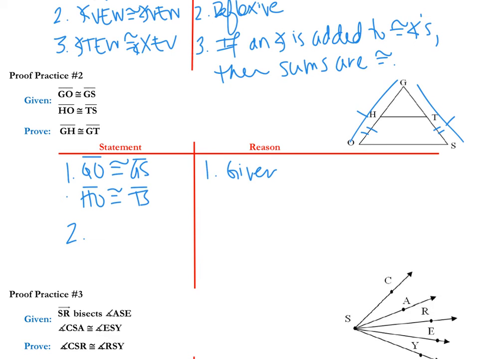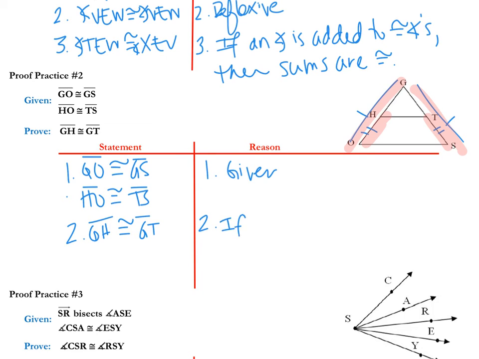And we can do that right from the get-go because we have congruent segments and we're taking away congruent segments. So that means that the differences will also be congruent. So GH is congruent to GT.